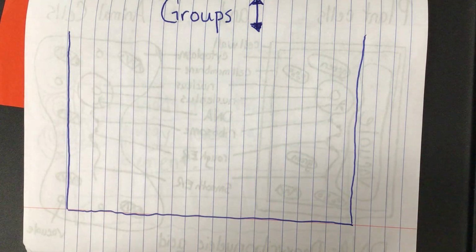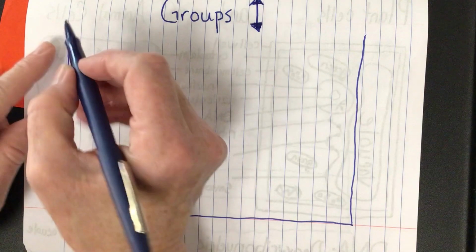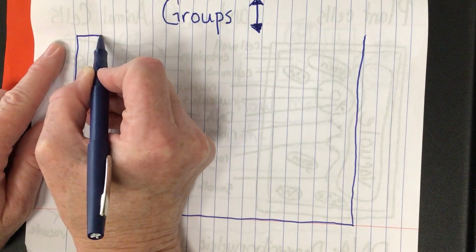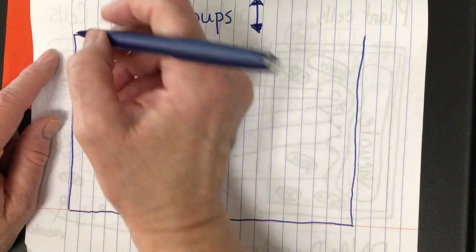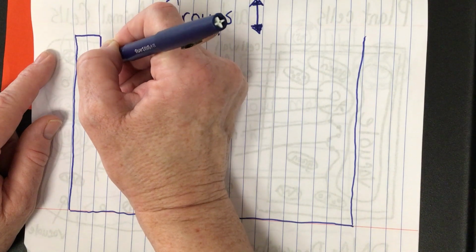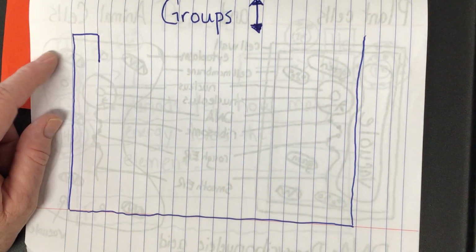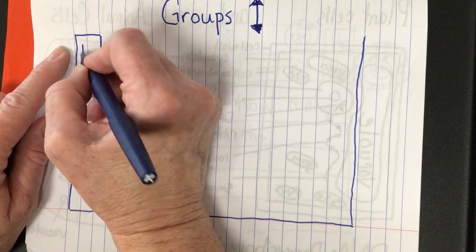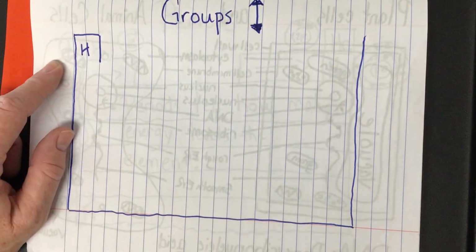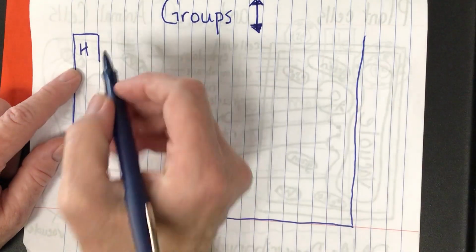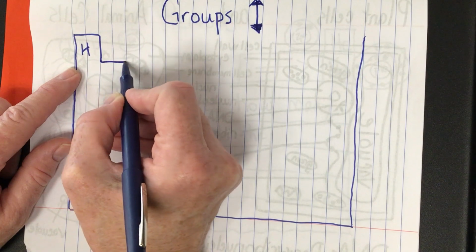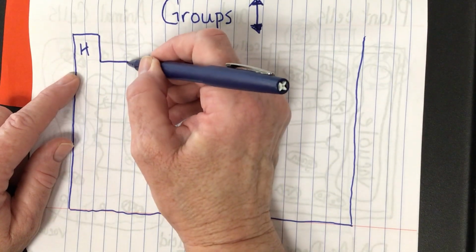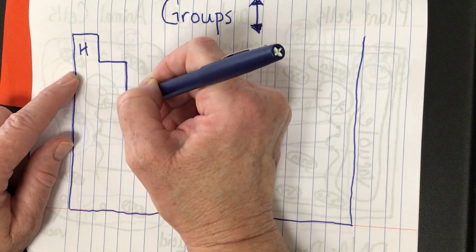So we're going to come one element over, and go down about an element. This first element is called hydrogen. We go over an element, and then down about two elements.